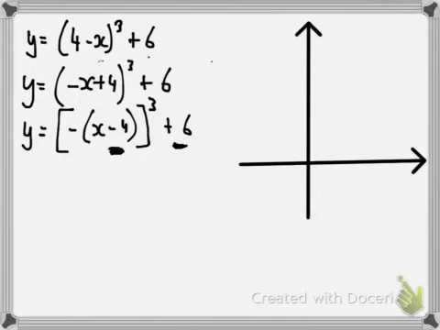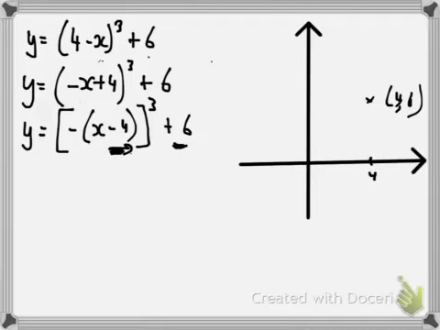But when I see that negative 4, aha, I know I'm going to the right 4 units and then up 6 units. So my point of inflection is going to be here at 4, 6. Okay. So that's a good starting point to look at that.